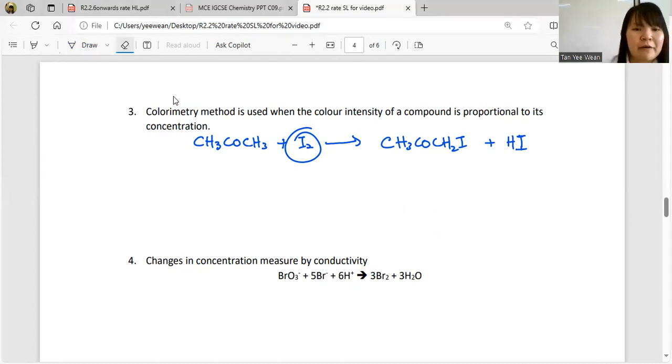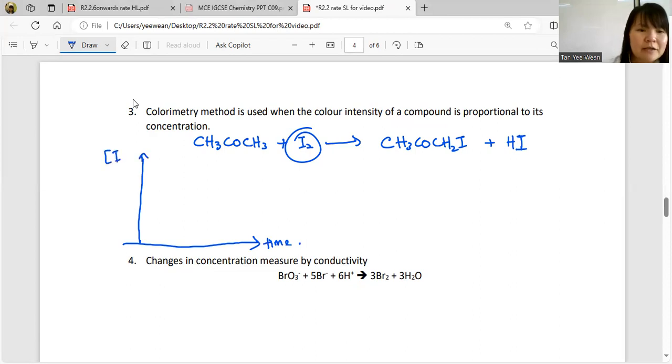So if I want the rate of reaction, I want to know that if I change the concentration of iodine, what happens to the rate of reaction? And I want to know if I vary the concentration of, say, propanone, what happens to the rate of reaction? So the machine does the intensity reading for me. I'm not using my own eyes, but the machine does it for me. So this is time. And this side is like the color intensity.